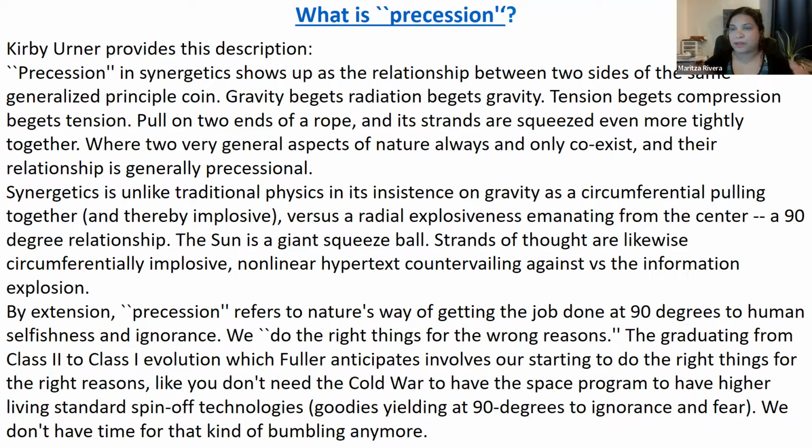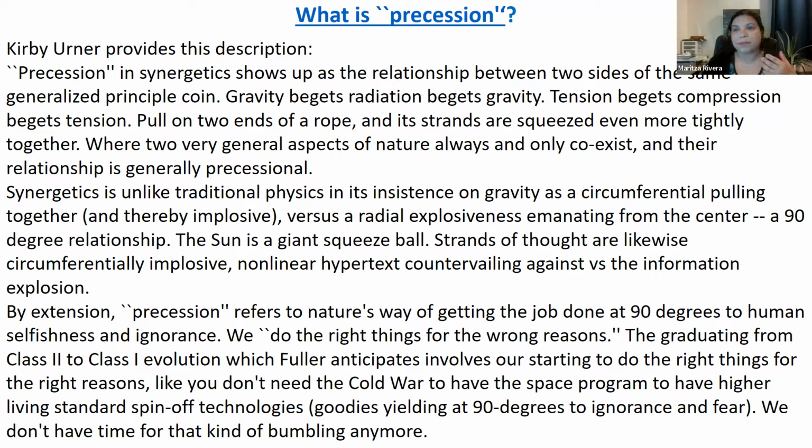The way that Kirby puts it is he says that precession in synergetics shows up as the relationship between two sides of the same generalized principle coin. He says gravity begets radiation begets gravity. Tension begets comprehension begets tension. He also explains the difference from traditional physics.